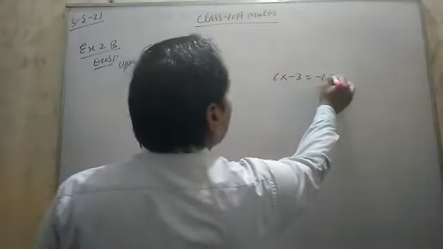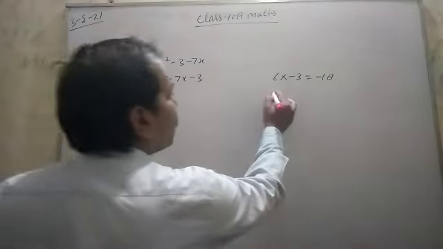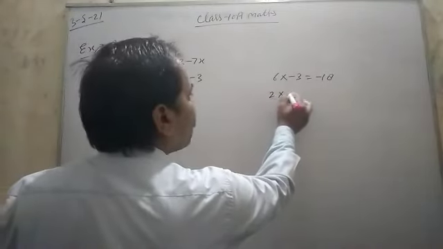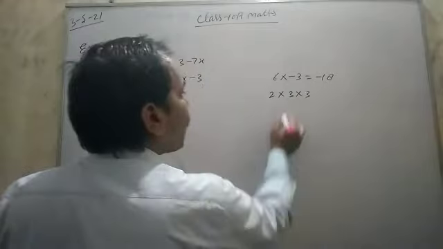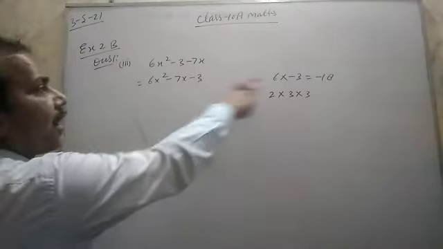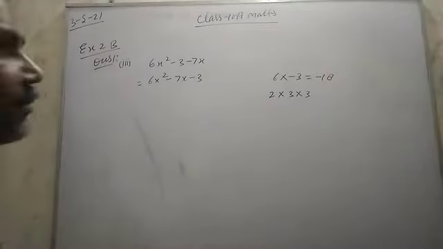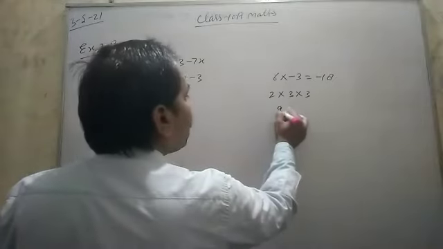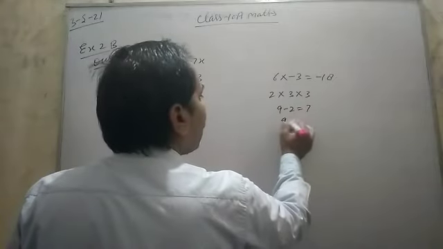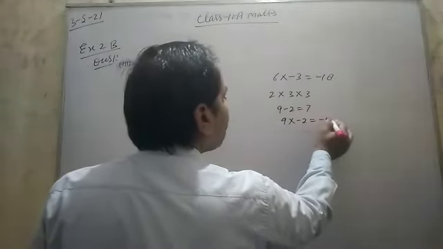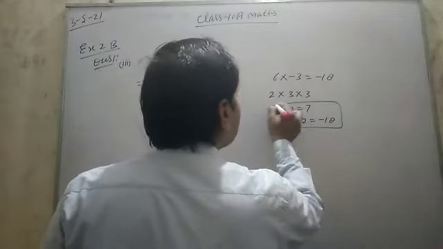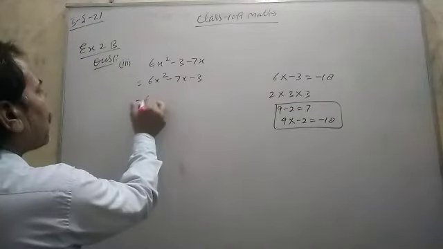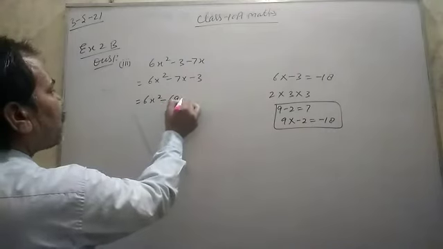So their product will be minus 18. Then find the factors of 18. Make pairs, and the product is coming negative, so by subtracting: 9 minus 2, that is 7, and 9 into minus 2 is minus 18. Satisfy both conditions. So in place of 7, you put 9 minus 2.